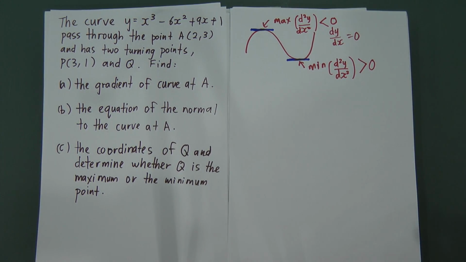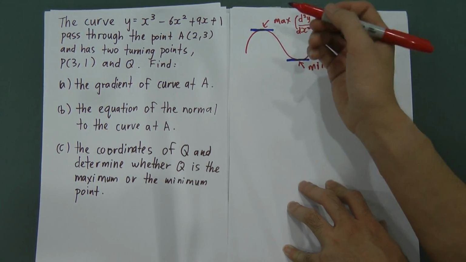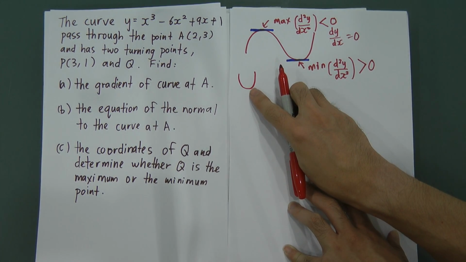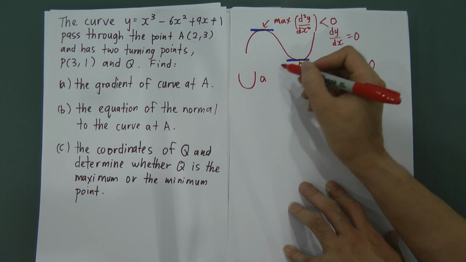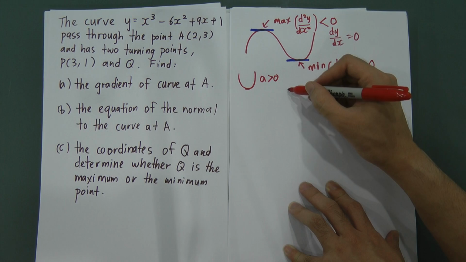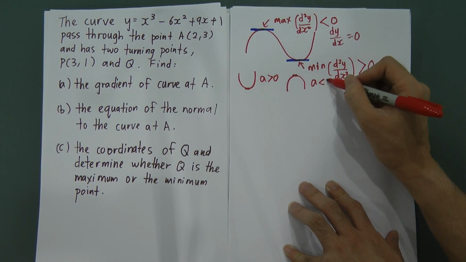How do we remember this? For a graph function, we know the positive curve is like that. A positive curve means a is bigger than 0, so we get a minimum point. This is the negative curve, meaning a is smaller than 0.